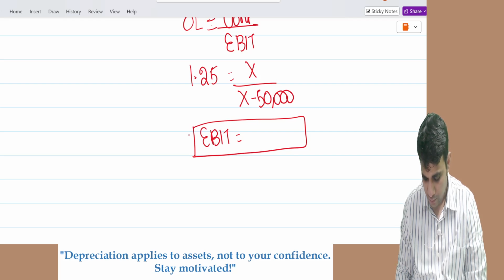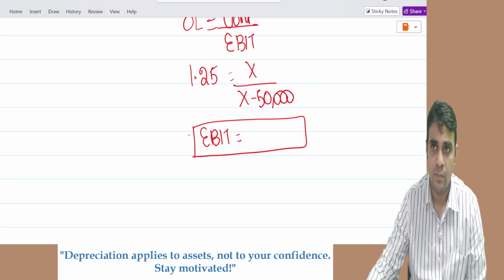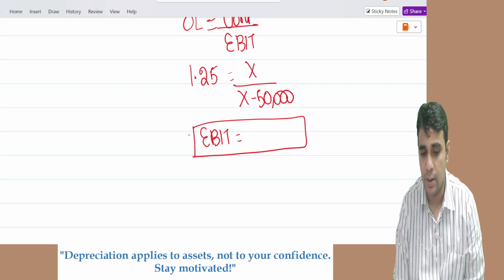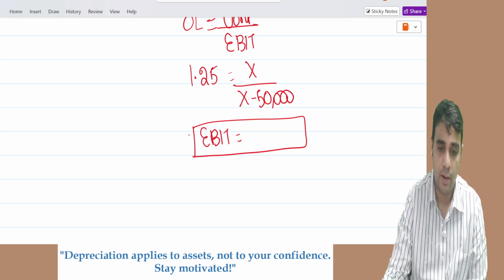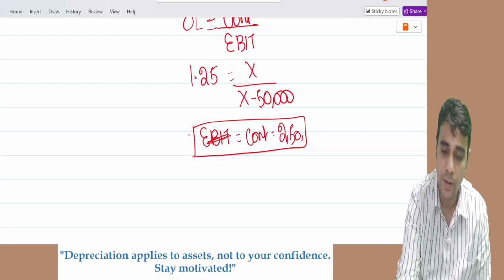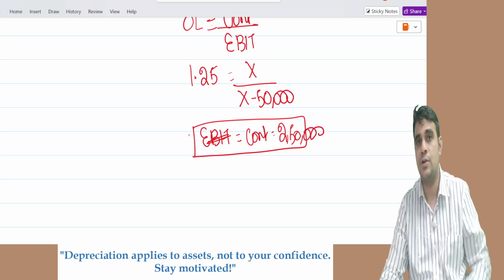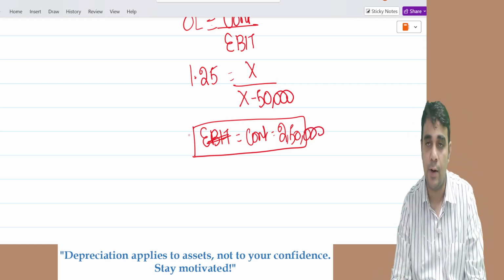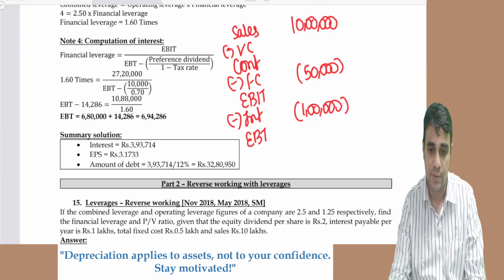You will get 2,50,000, I think. Contribution is 2,50,000, which we had assumed as X. We complete the income statement with 2,50,000.